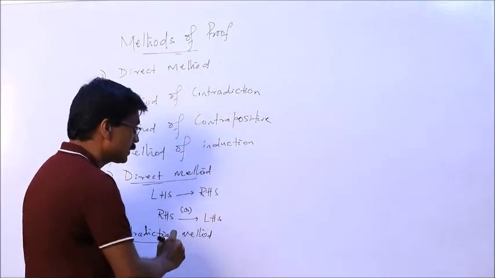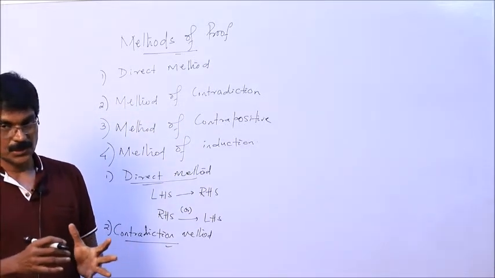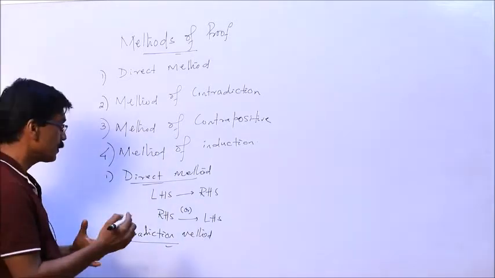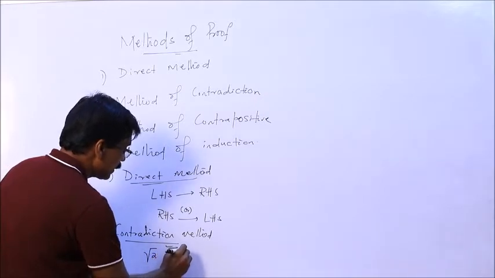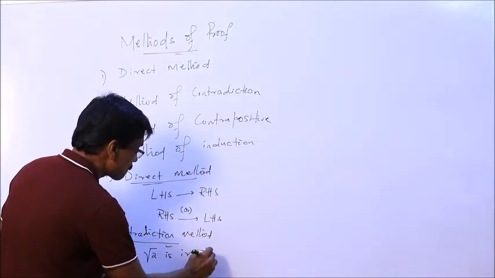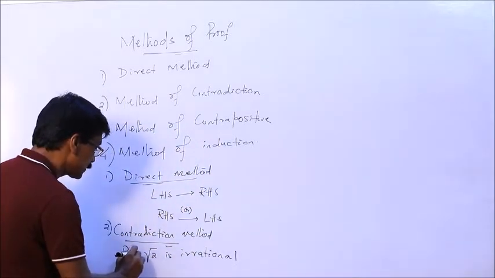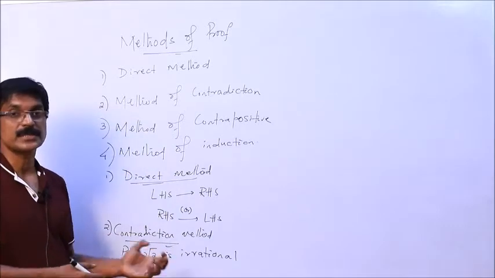So the contradiction method is like this. Suppose we have to prove, take one example, root 2 is irrational. Prove. So how to prove root 2 is irrational?